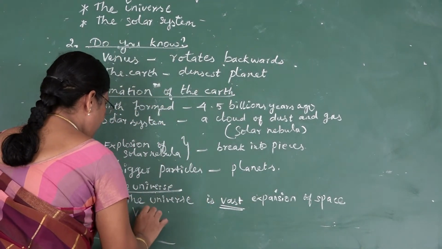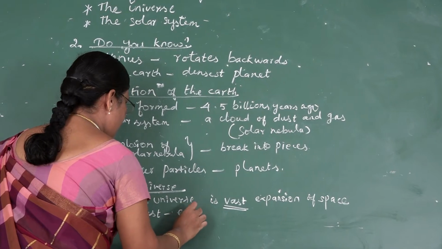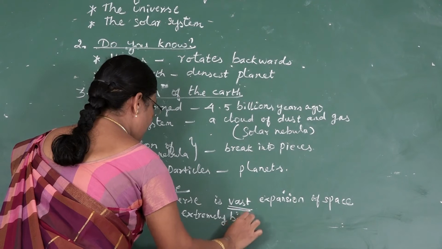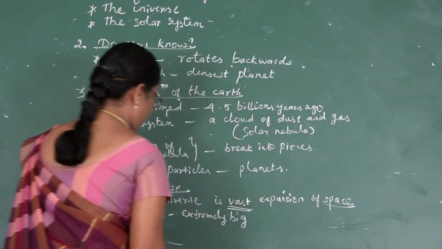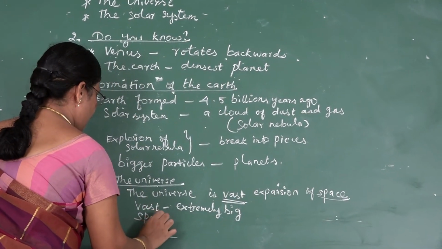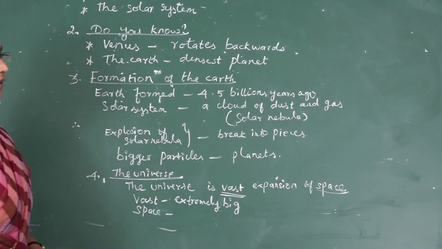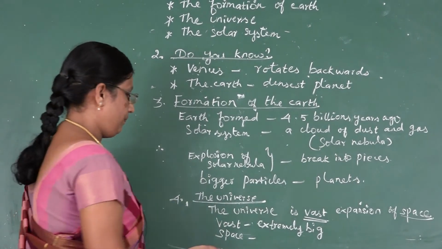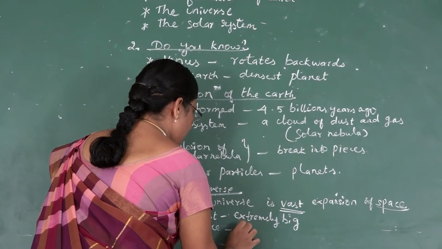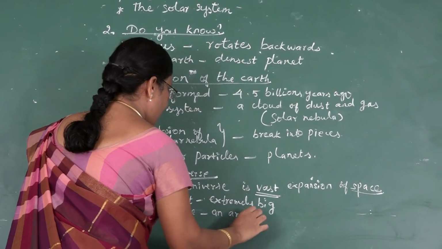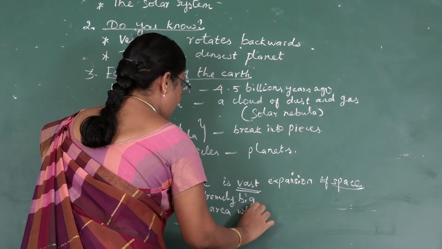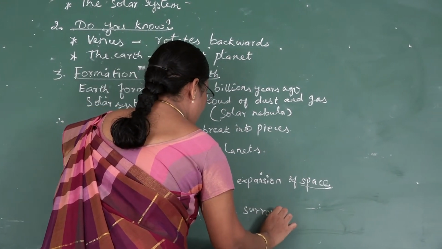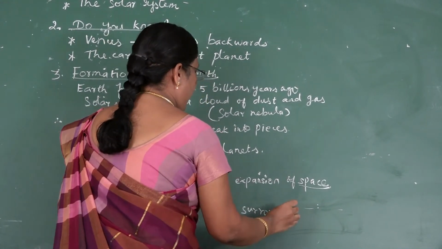Vast means extremely big. What is the meaning of space? Space is an area which surrounds the Earth, planets and stars.